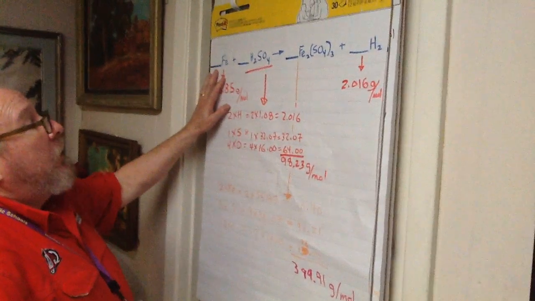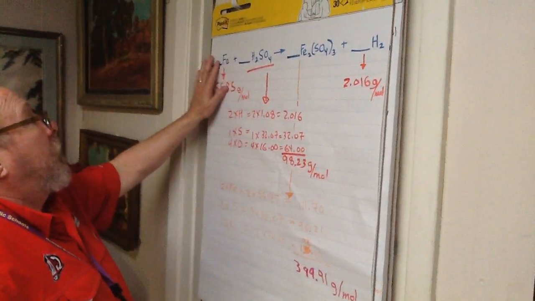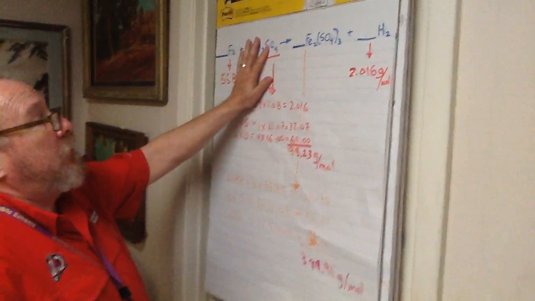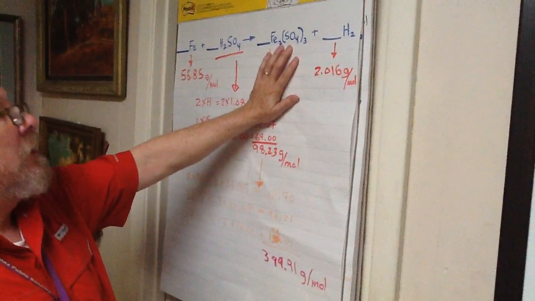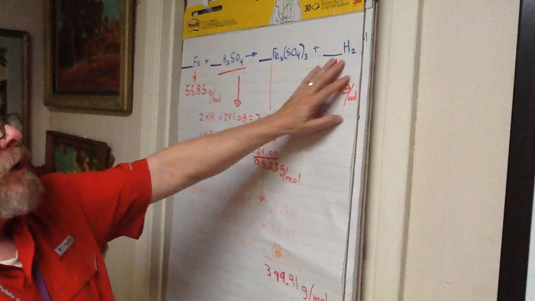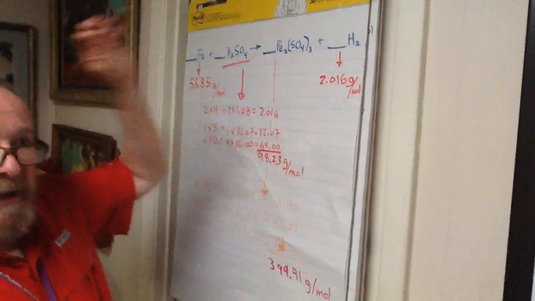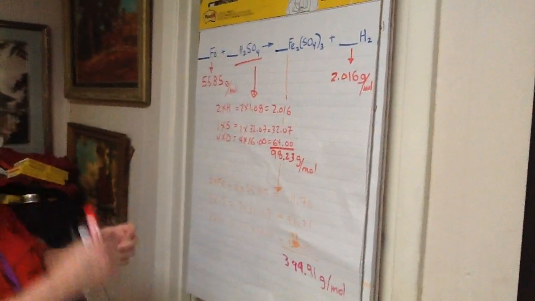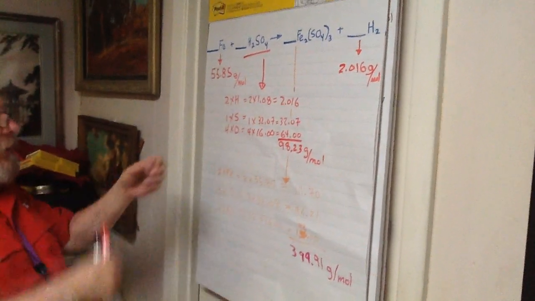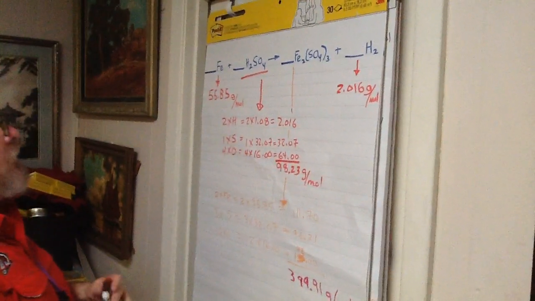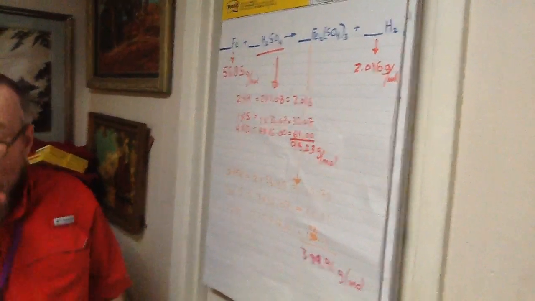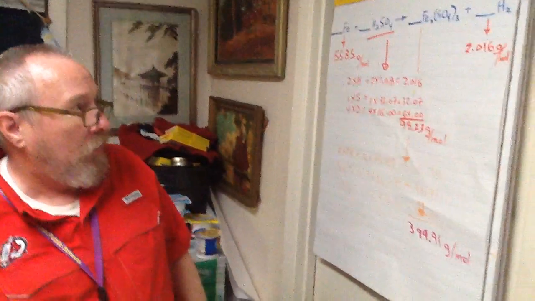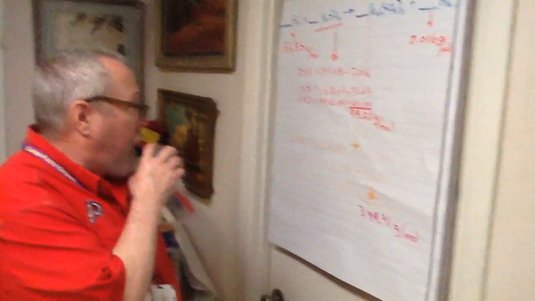But here we're looking at a reaction where we dissolve iron into sulfuric acid, make a salt, iron 3 sulfate, and a gas. Little bubbles of gas come out when you drop a piece of iron into a solution of sulfuric acid, especially concentrated sulfuric acid. So what I want to do is balance this equation.